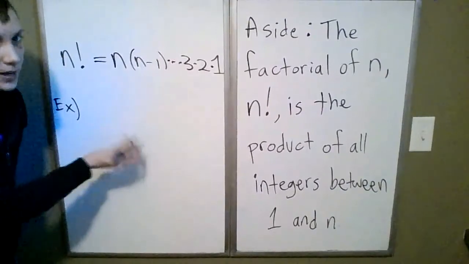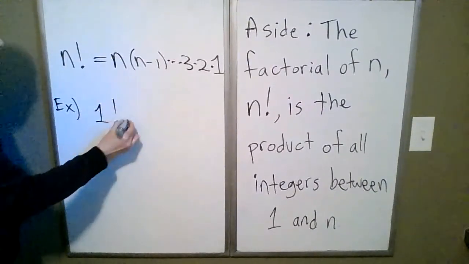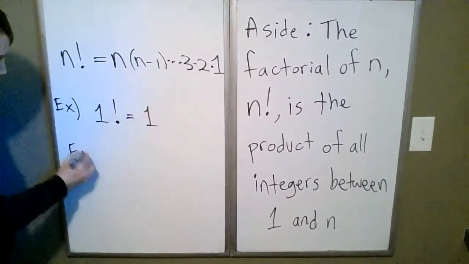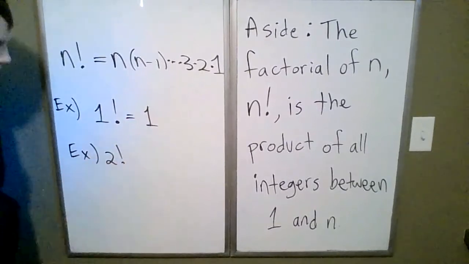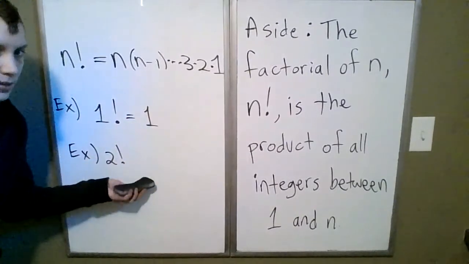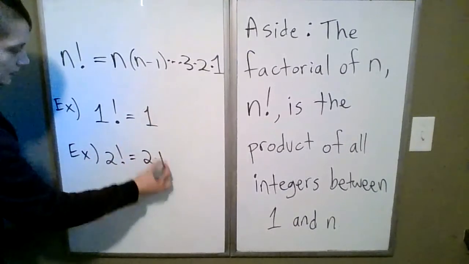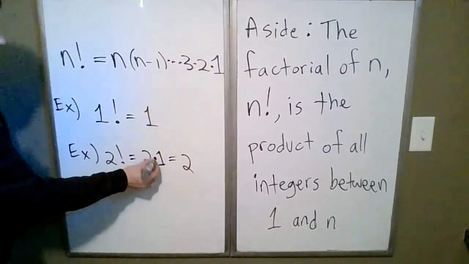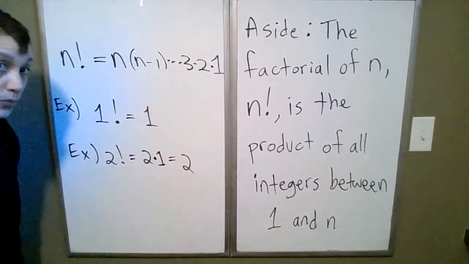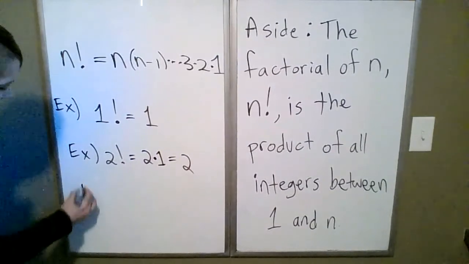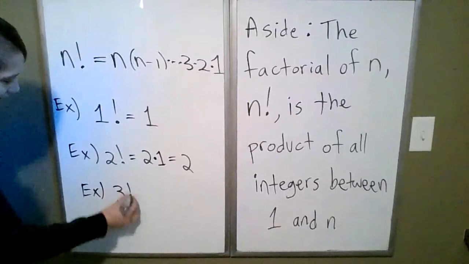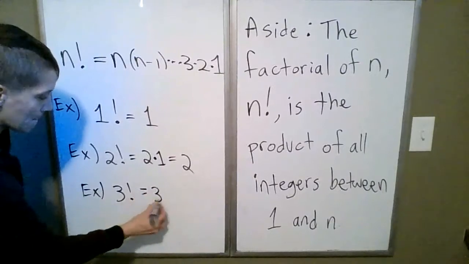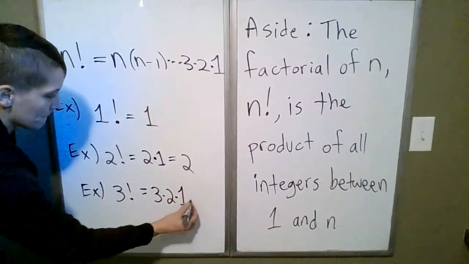Let's start with 1 factorial. Would be 1, just 1. And 2 factorial, 2 times 1, which is 2. Three factorial is 3 times 2 times 1, six.